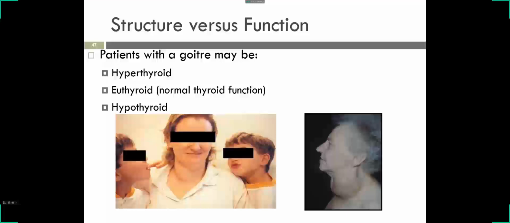So what are the reasons this can occur? What are the causes of a goiter? Globally, one of the most common causes of goiter formation is iodine deficiency. Because of this, the gland cannot make enough thyroid hormone. Remember, we bring in iodide from the blood. If you don't have enough in the blood, the thyroid is not going to make enough MIT and DIT and thyroglobulin.